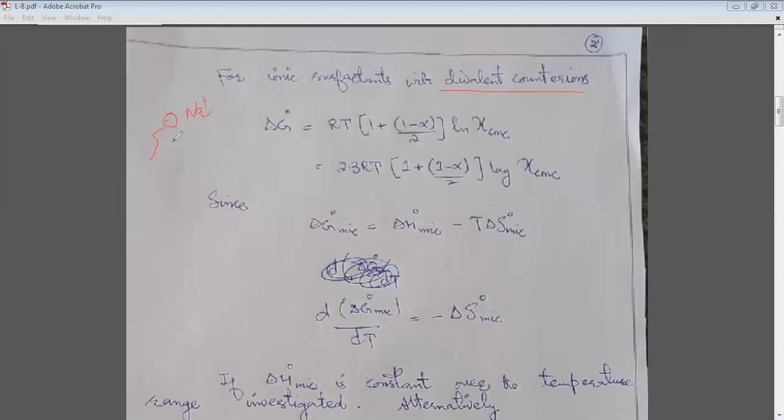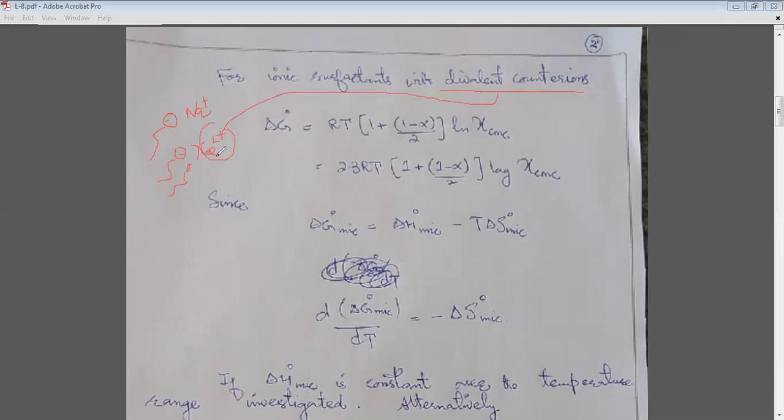But suppose the head group contains a single negative charge, there will be two of these surfactant ions, and this can be counterbalanced by, suppose, calcium dipositive. So this is basically a divalent counter ion here.